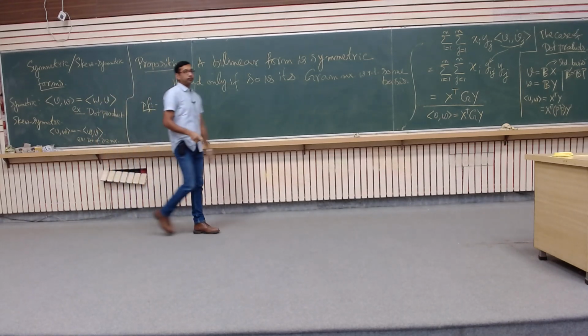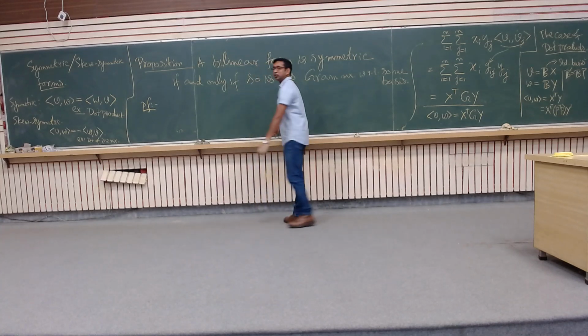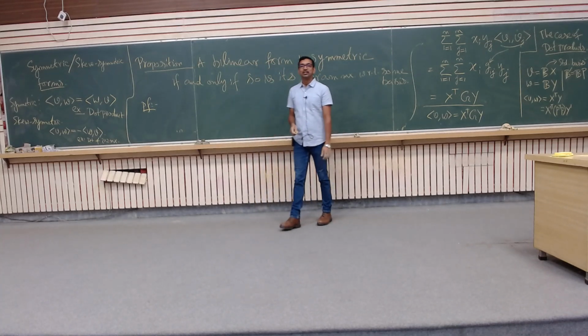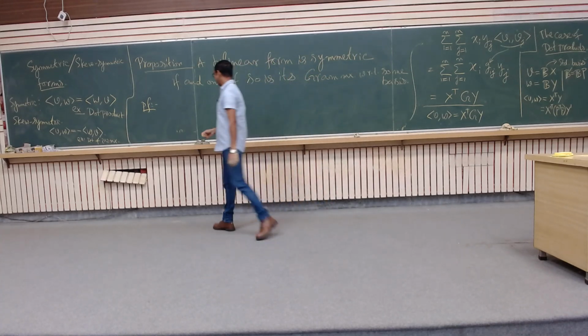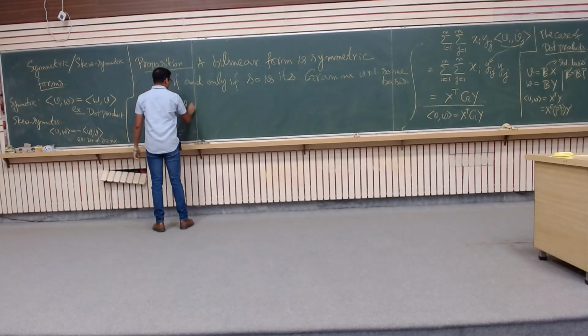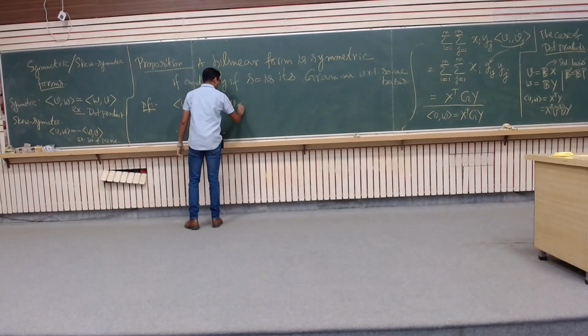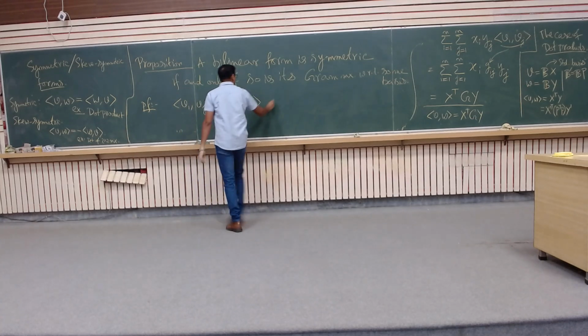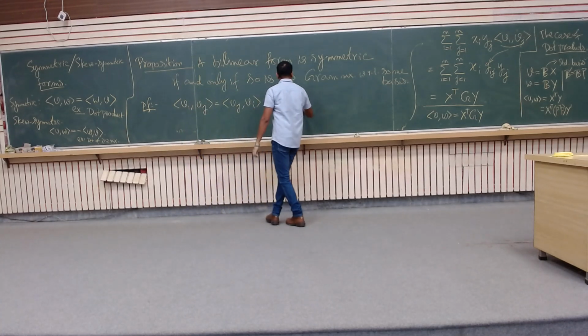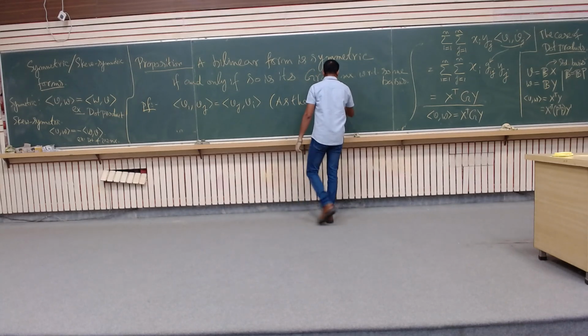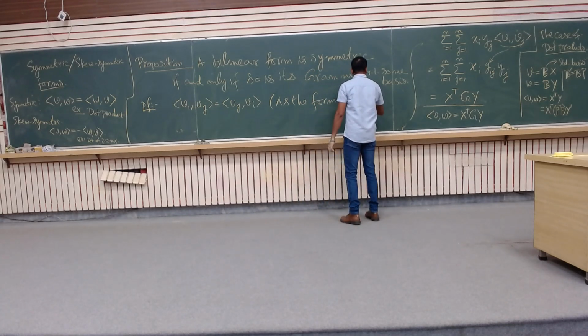So proof. How should we proceed? Right. ⟨Vi, Vj⟩ is equal to ⟨Vj, Vi⟩, as the form is symmetric.